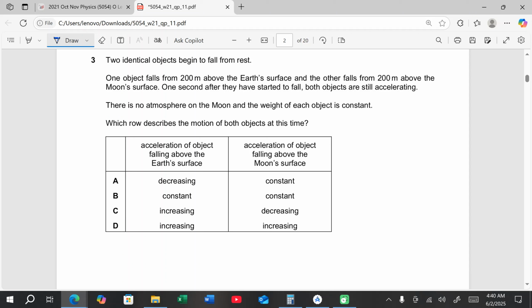Since they both are accelerating, the acceleration of the object falling above the Earth's surface has to decrease because there is an atmosphere on the Earth, and since there is no atmosphere on the Moon, that has to stay constant. So it is decrease and constant, because on the Earth, air will push upward, so the resultant force will decrease.